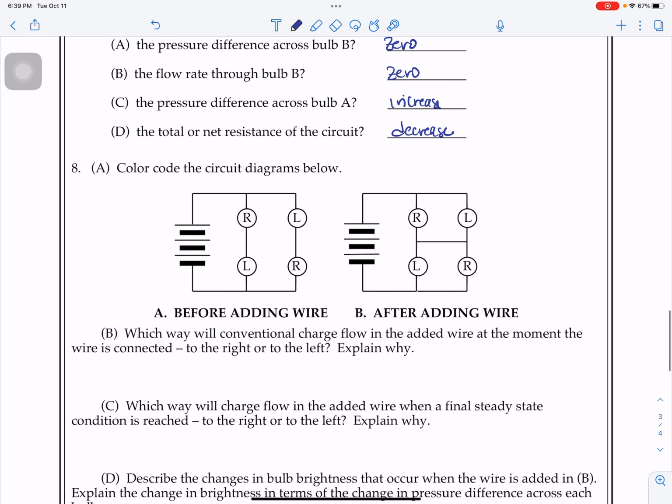All right, this is the one that is challenging, so I'm going to have to think about this. All right, so we know that this is going to be red. This is going to be red. And then we know the bottom is going to be blue.